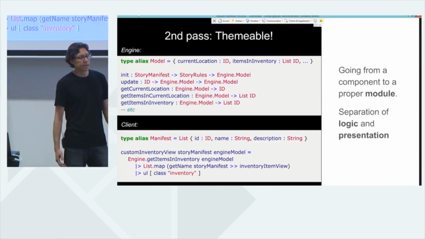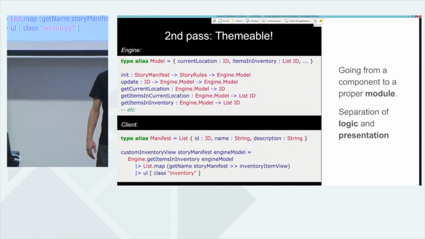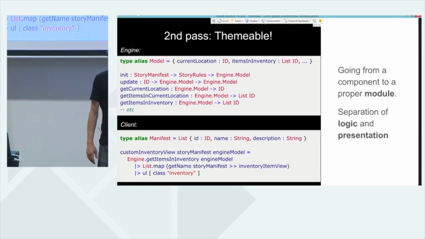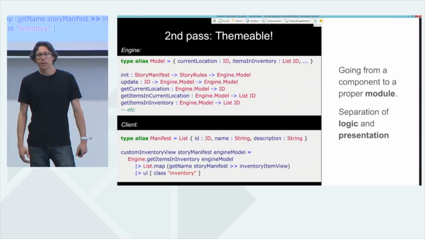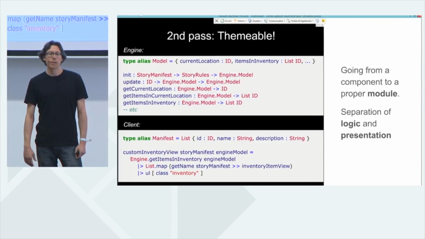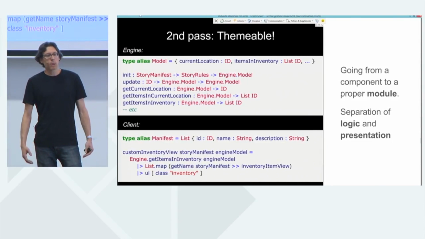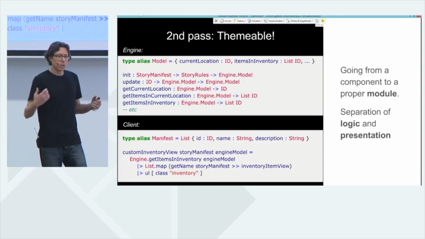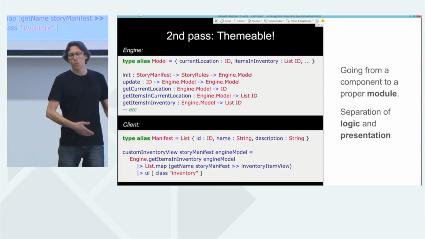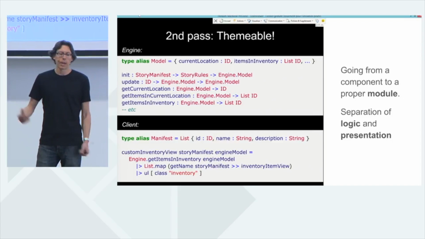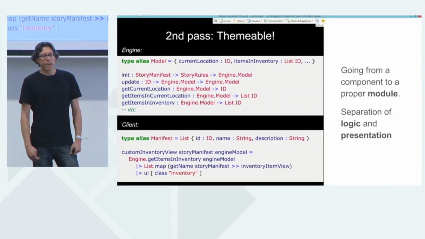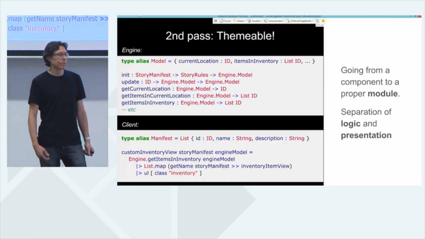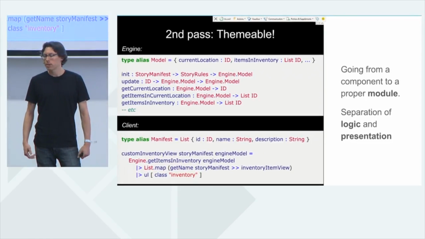I realized that the engine didn't need to really handle the view at all. The important thing that the engine needed to care about was knowing about the story world, which is where things are, what the current location is, what items are in inventory, that type of stuff. And it didn't even need to know the information to display these things, like a name or a description.